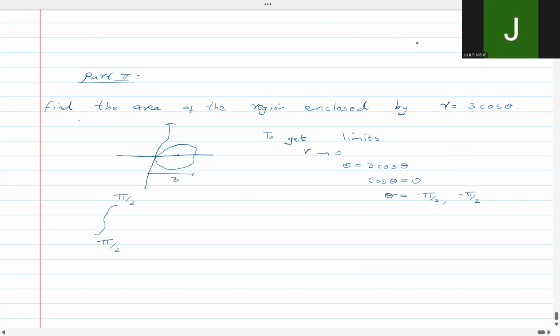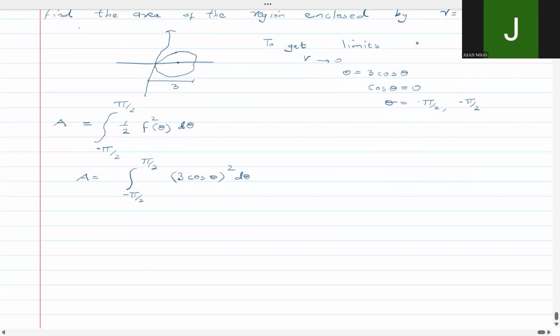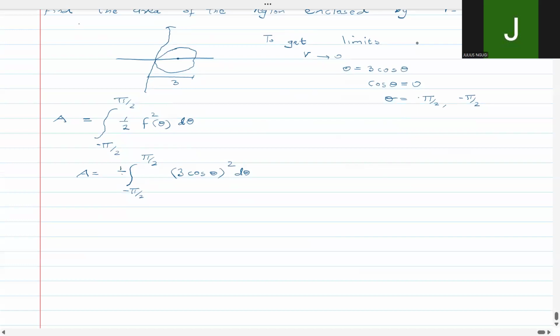So the integral will be from minus pi over 2 to pi over 2. And the formula we have, if you derive it, is a half of f of theta squared d theta. So this gives you the area. The area equals the integral from minus pi over 2 to pi over 2 of the function 3 cosine of theta squared with respect to theta, and we still have a half.